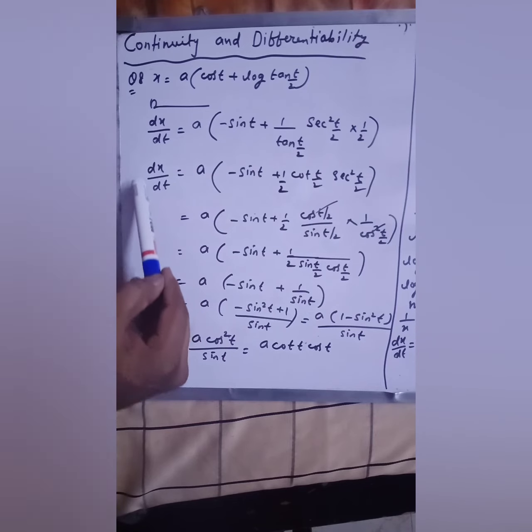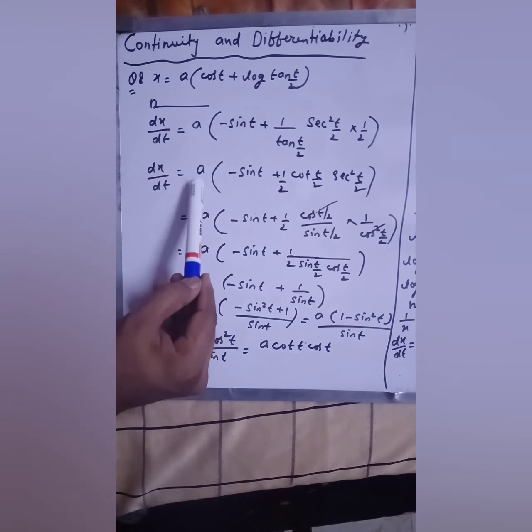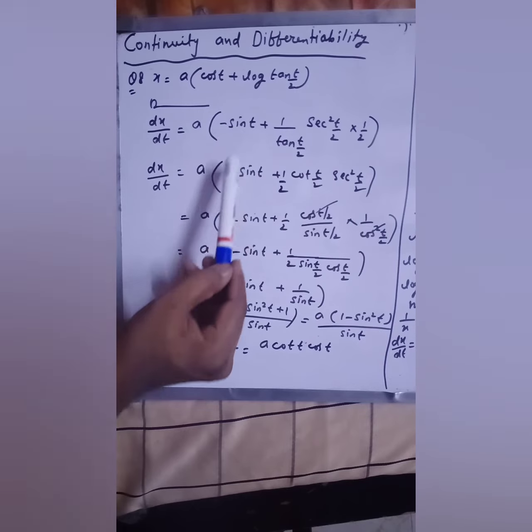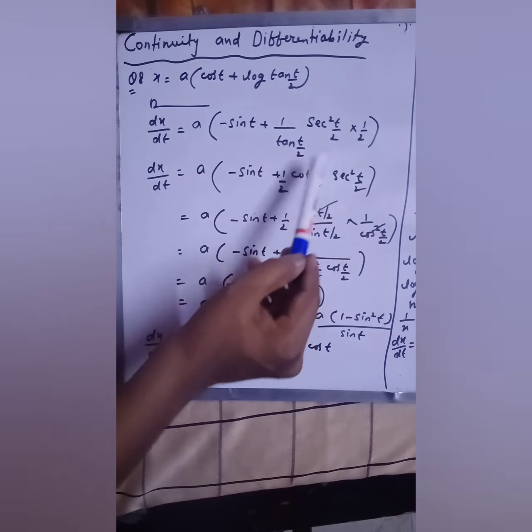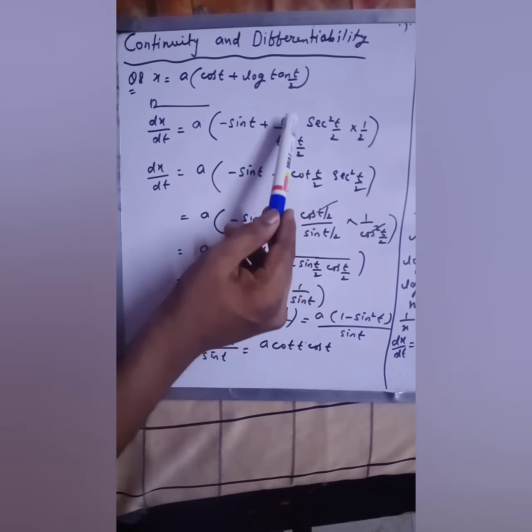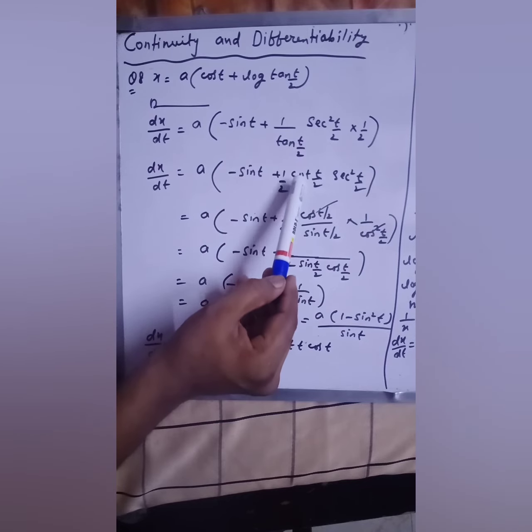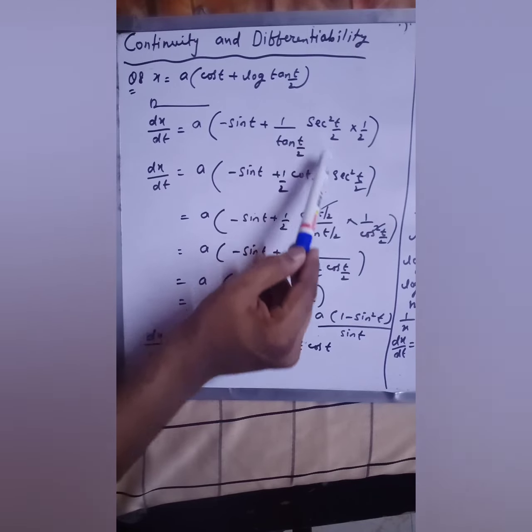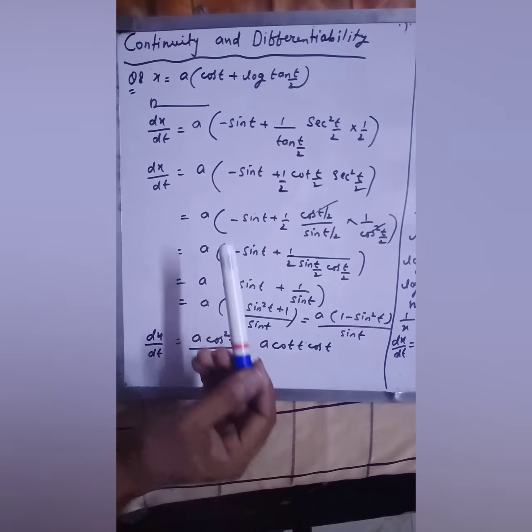So dx by dt will remain the same, a will remain the same. Here you have to write minus sine t plus this half, this 1 upon tan t by 2 can be written as cot t by 2, and this is your sec square t by 2. Okay.